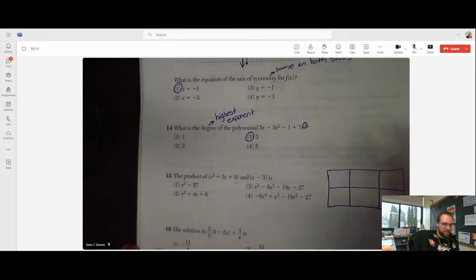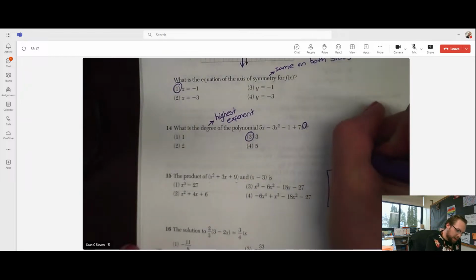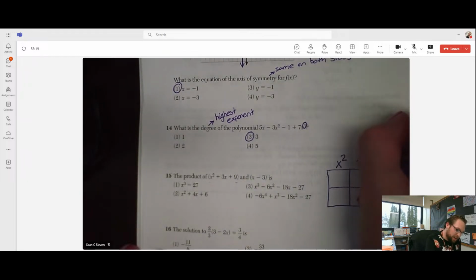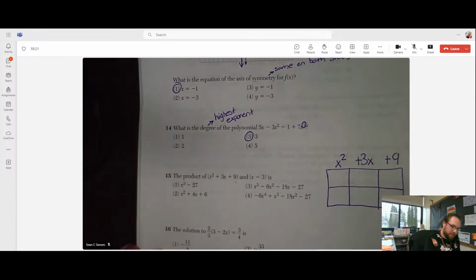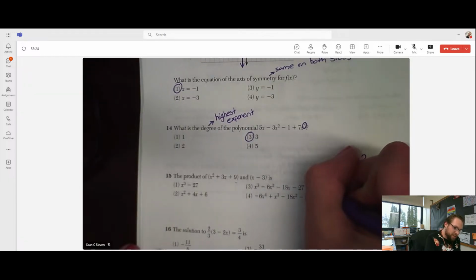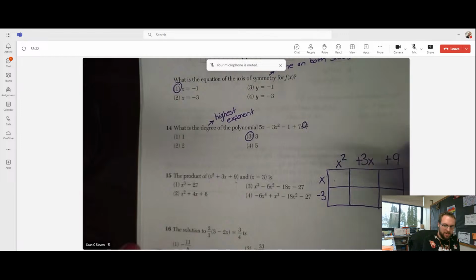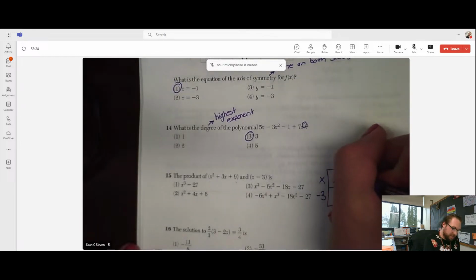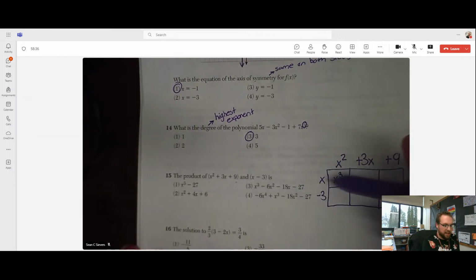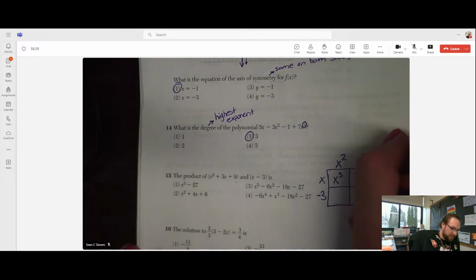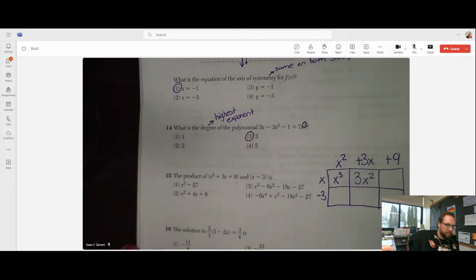Okay, so this trinomial is going to be written on top. So x squared plus 3x plus 9, and then x minus 3 on the left. And now we're just going to multiply each of the boxes individually. So x times x squared is x cubed. X times 3x is 3x squared.